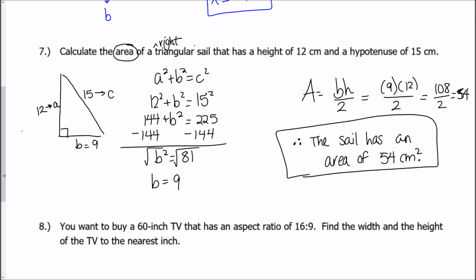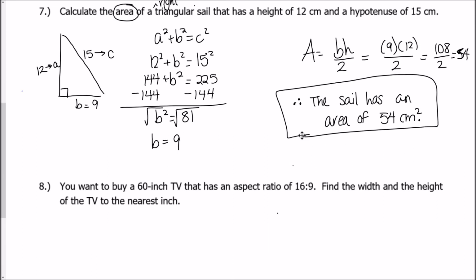Okay? Question number 8, we're going to take up as a class together, so you don't have to worry about that one. But I do want you guys to do one last thing for me, please. There's something called Pythagorean triples. I want you guys to look up on the internet, what is a Pythagorean triple?